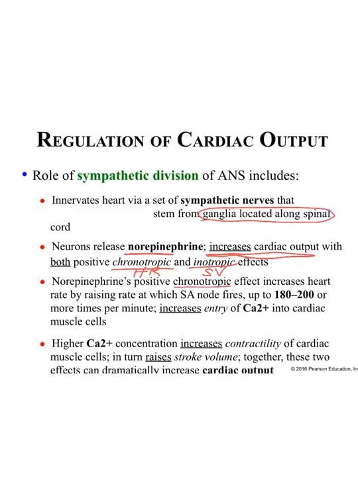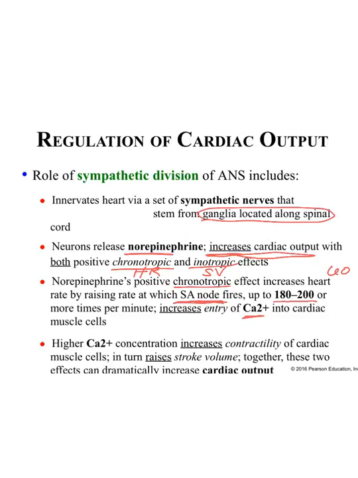So on the heart rate, it actually increases how quickly the SA node sends those action potentials. So it's going to fire about 180 to 200 times more per minute. For typically average, it's about 60. It also increases the amount of calcium into muscle cells, where calcium is always the final trigger for muscle contraction to occur.